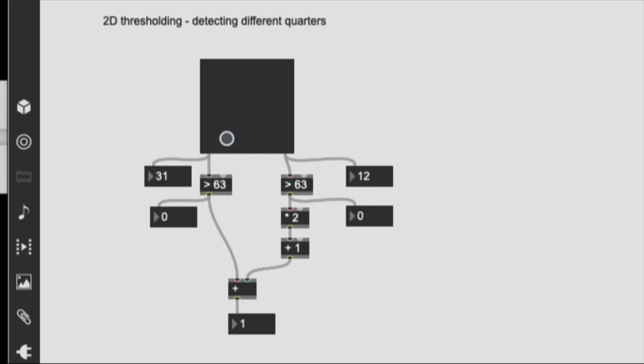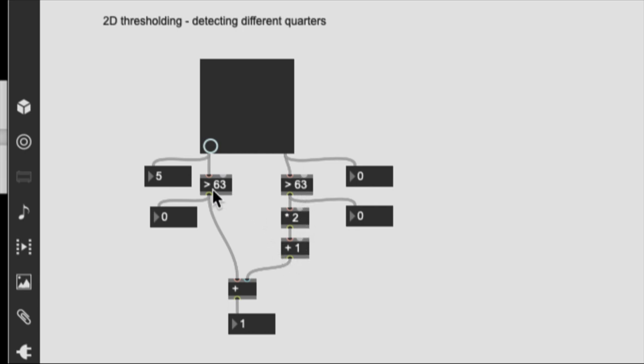Okay, so what I'm doing there is I'm adding these two values, but here I'm doing some extra math. So this one stays 0 and 1. And then this one becomes, so from 0 I get times 2 plus 1, it becomes a 1. And from a 1 I get times 2, it's 2 plus 1 is 3.